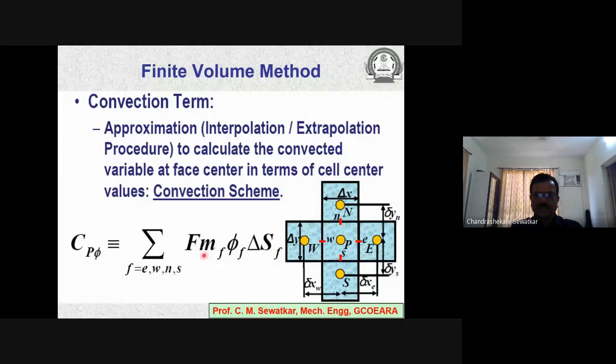I know the mass flux across that east face. Now I know the value of phi e. I know the value of delta SE. So I can calculate the convection across east face. Similarly, I can do it for west face, north face, south face, and so on.